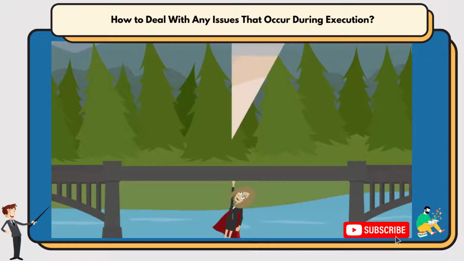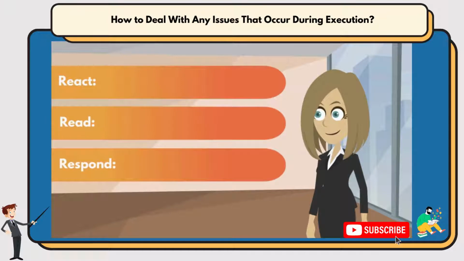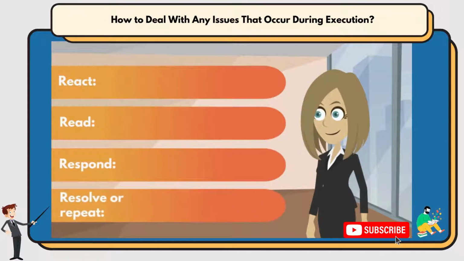Just like you have been doing throughout the project so far, approach the situation in an organized manner by following these steps. React, read, respond, and resolve or repeat. First comes react. Assess the damage and perform damage control. Then read the situation.